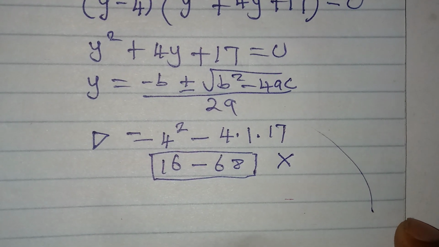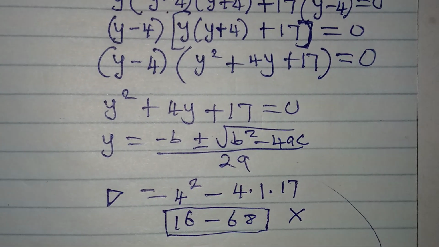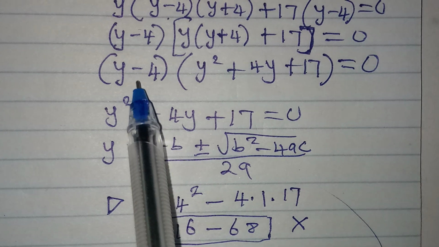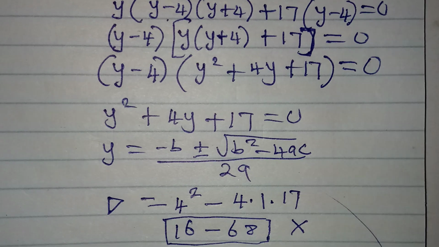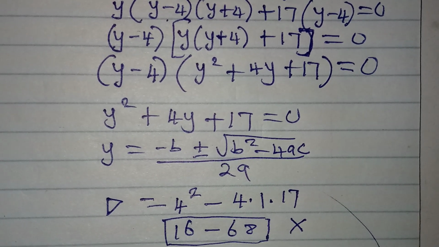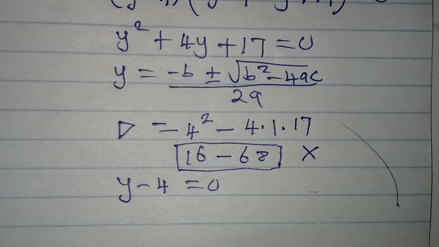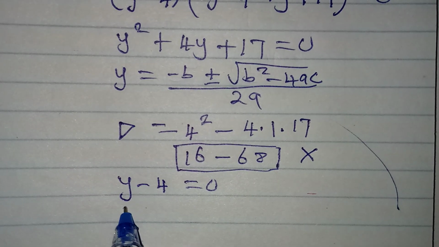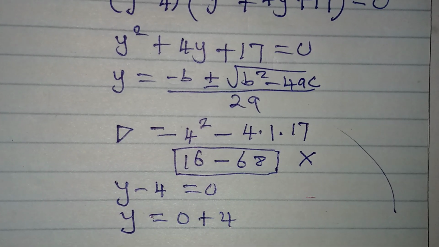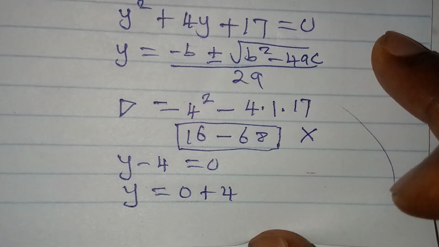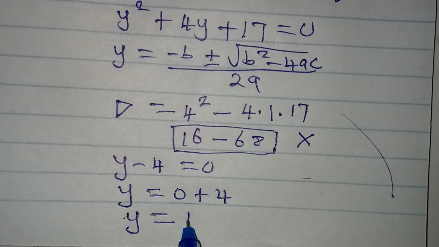Now let's get straight to the one that will give us a real solution, and that is this linear equation, which will be y minus 4 equals 0. Okay, the linear equation will be y minus 4 equal to 0, and then this means that y is equal to 0 plus 4, and then it's a confirmation that y is actually equal to 4.